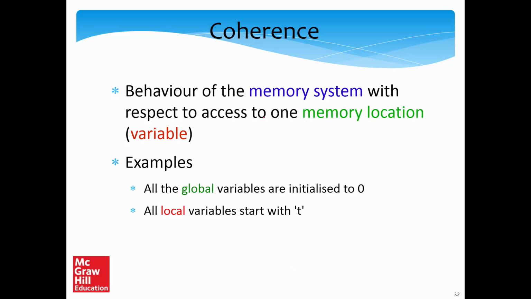So, characterizing the behavior of a memory system, of a shared memory system, is difficult, but it is broadly divided into two subclasses, right? One such category of behaviors is the behavior of the memory system with respect to access to one memory location.